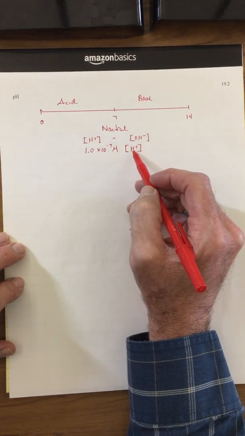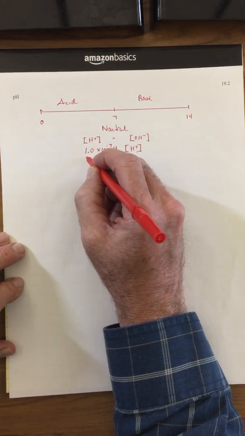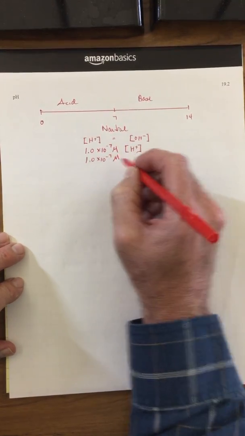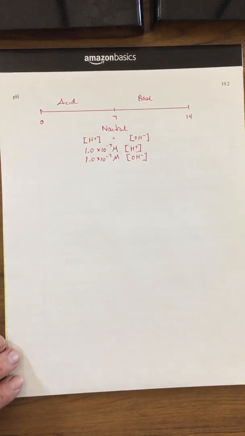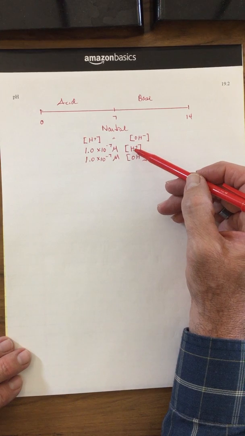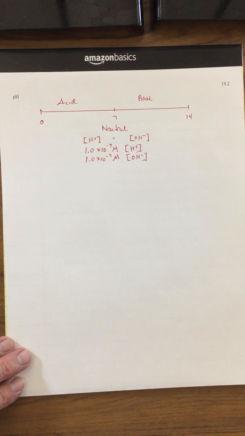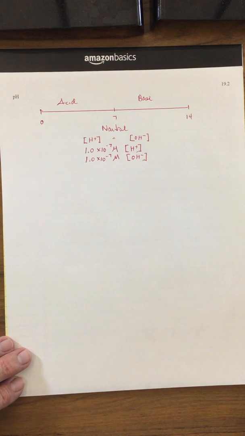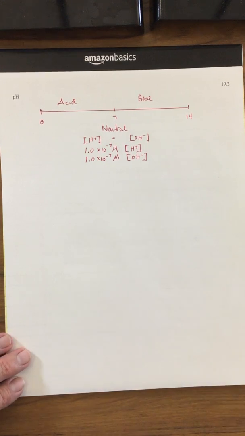If the OH concentration when it's neutral is equal to the hydrogen concentration, that means we're also going to have 1.0 times 10 to the minus 7 molar of OH minus. What that means is that the number of moles of hydroxide ions is going to equal the number of moles of hydrogen ions. The number of molecules is equal, and therefore it's going to be neutral. It's not going to be acidic, and it's not going to be basic.